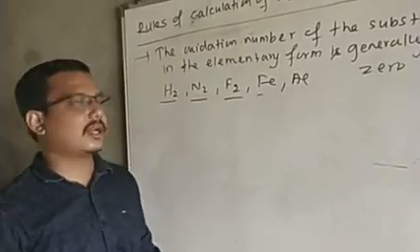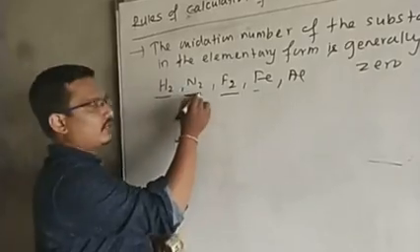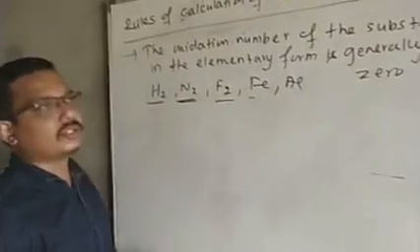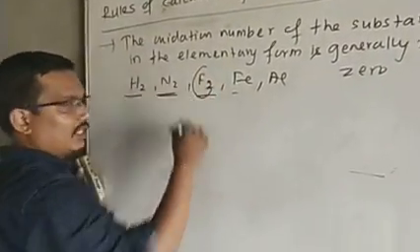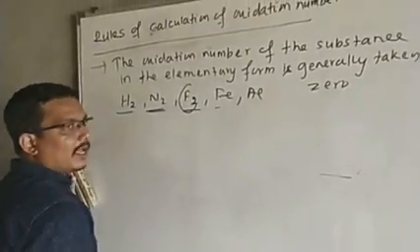Suppose a question asks, what is the oxidation number of hydrogen? Then it is clear that the oxidation number of hydrogen is 0. What is the oxidation number of nitrogen in N2? That is 0. What is the oxidation number of fluorine in F2? That is 0. What is the oxidation number of iron?